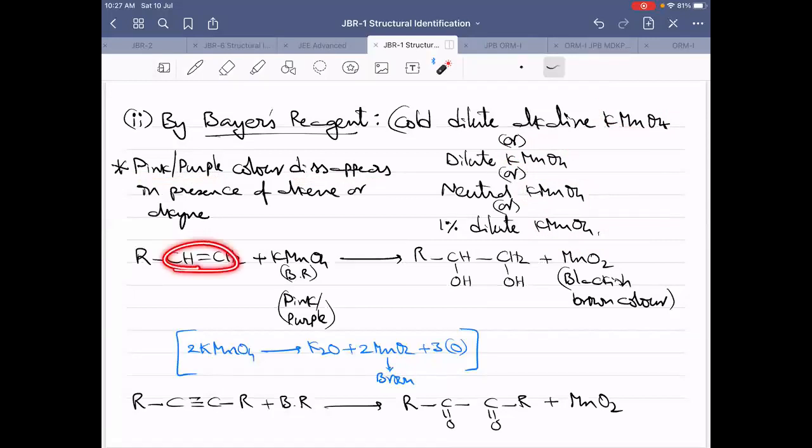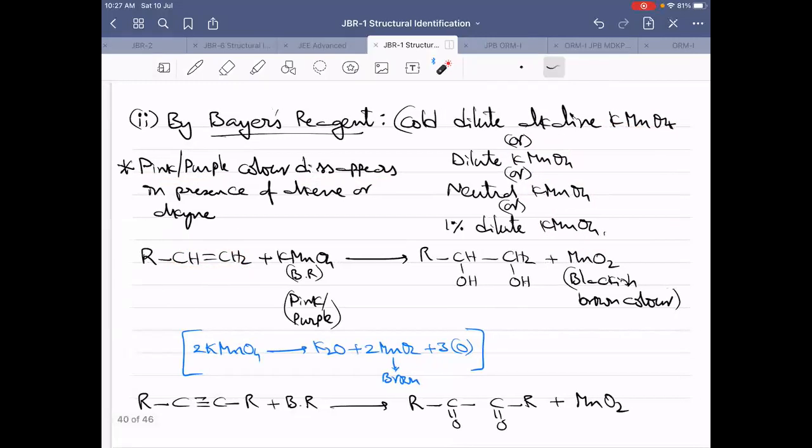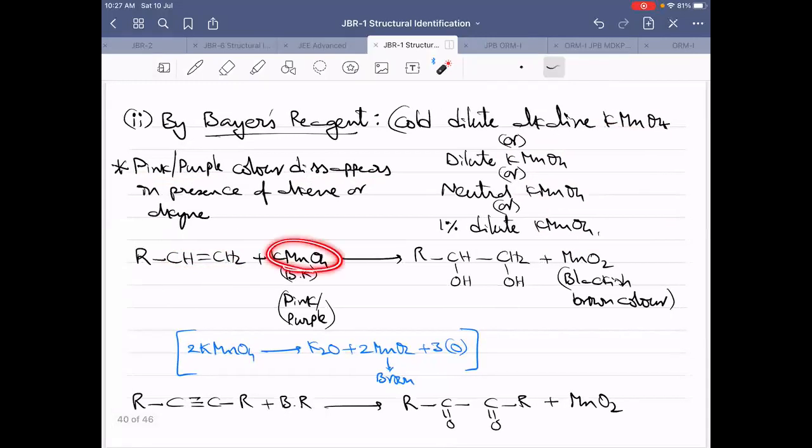Understanding? Suppose you take an alkene, and to this alkene you add a purple colored permanganate. Then what will happen? If alkene is present, then the permanganate purple color will disappear. This product will be formed, along with which MnO2 will be formed. That means not only the disappearance of purple color, but also the appearance of a blackish brown color.